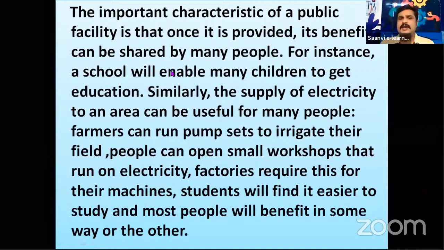In the same way, once the government implements anything, it benefits many people, not only one particular person. In the electricity example they have given, how many people benefit? We know irrigation facilities, factories, the small industrial sector. Many people benefited from that.